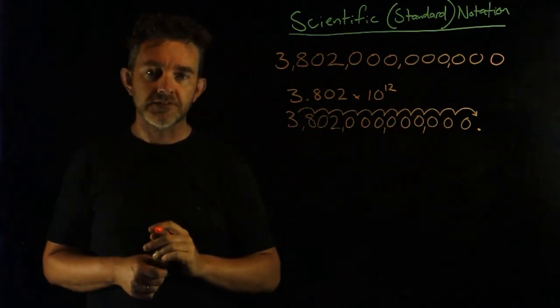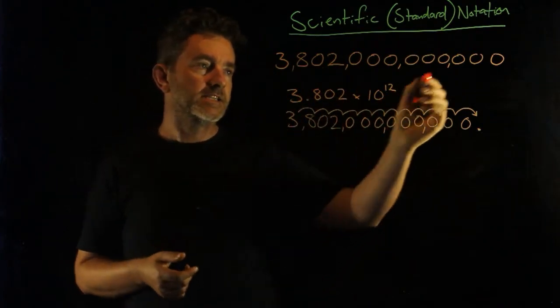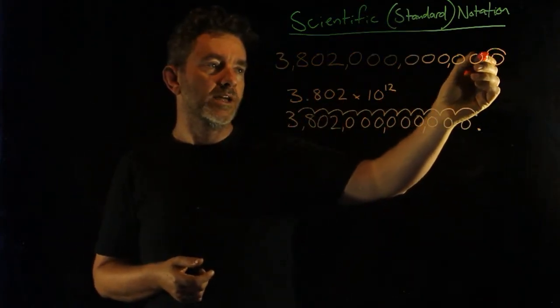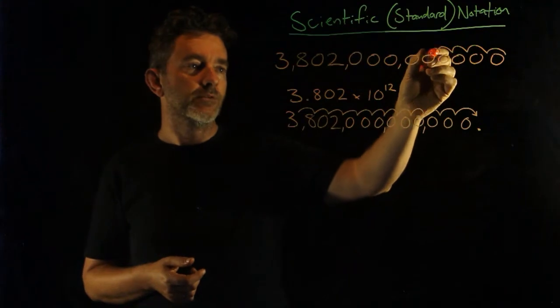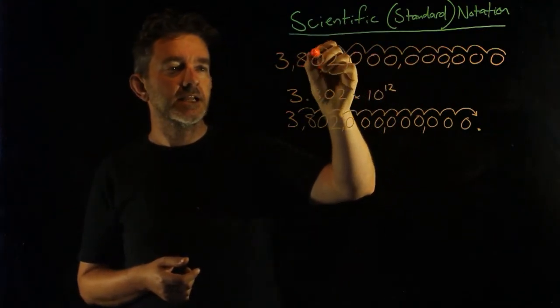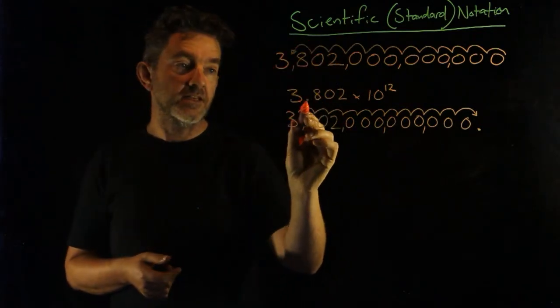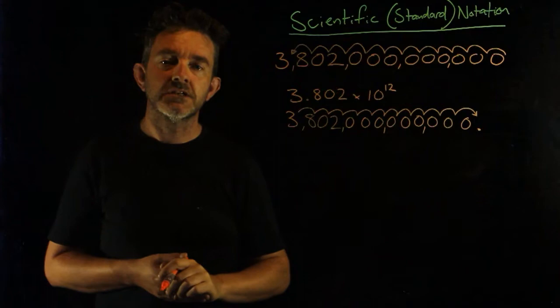And you can see I'm back where I started again. So to change that, what I did was I actually counted the other way, 1 to 12, to put the decimal place there and work out what my power of 10 was going to be.